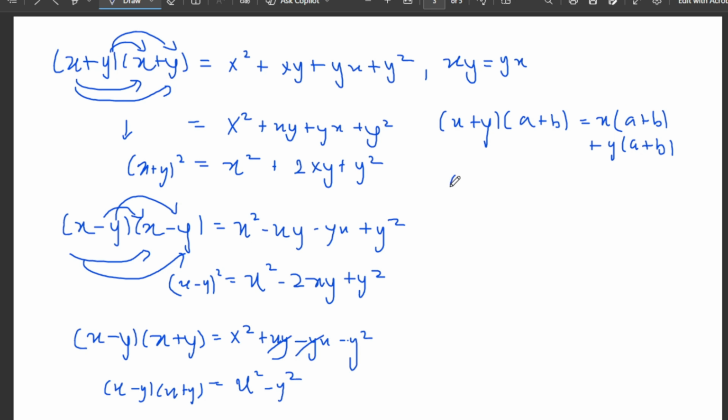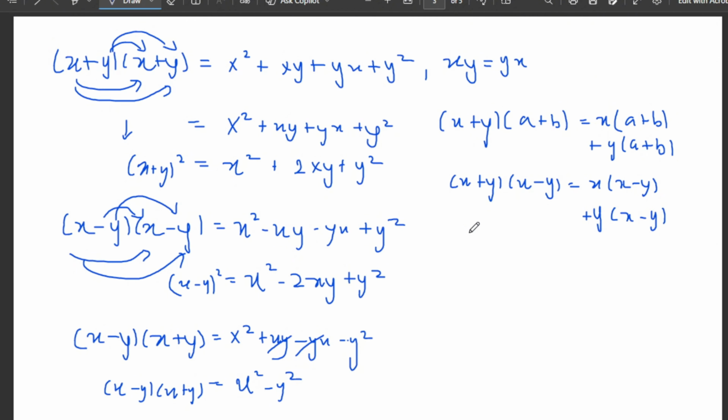This works for every, so x minus y, and you follow the negative sign. So wait, no, because in the first one there's no negative, so x plus y times x minus y.